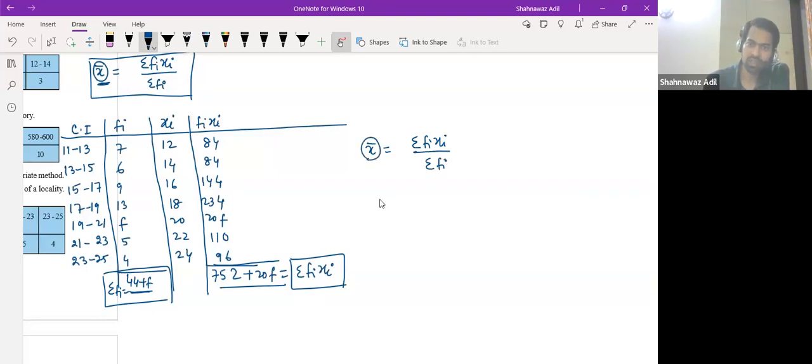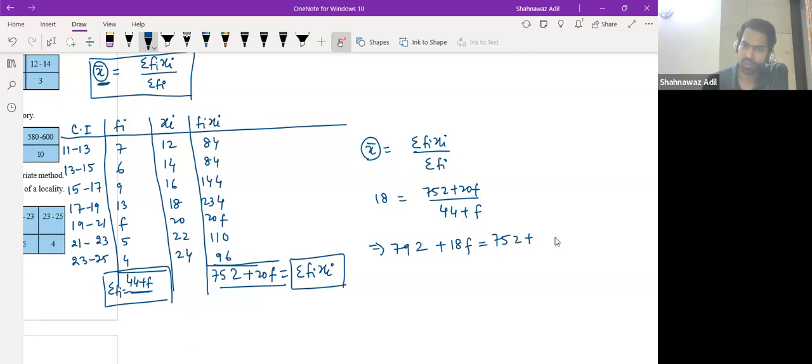This is given, which is 18, and we have calculated 752 plus 20F, and this is 44 plus F, right? So this would be 792 plus 18F equals 752 plus 20F.